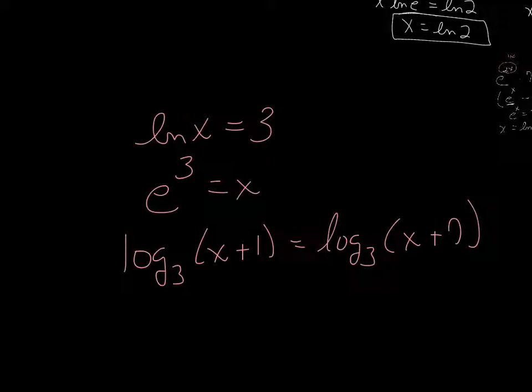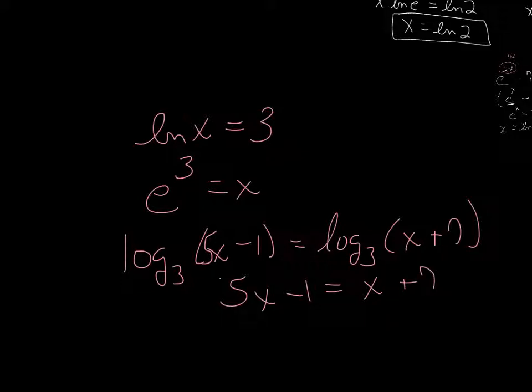I must have written something down wrong. This should have been an x minus 1. No, I wrote it down wrong. No wonder. It should have been a 5x minus 1. That'll make it work. X minus 1 equals x minus 7 wouldn't work.